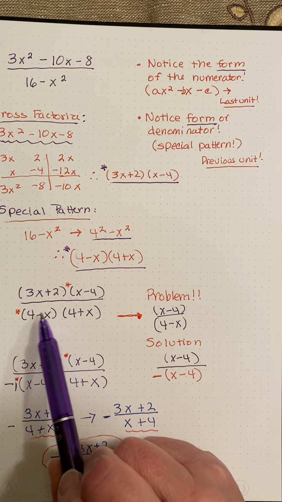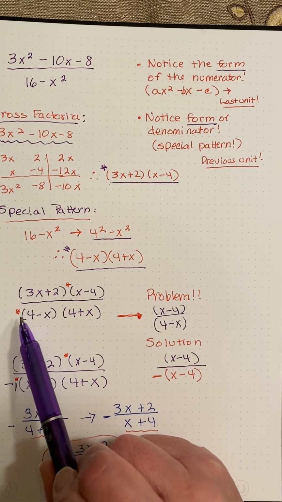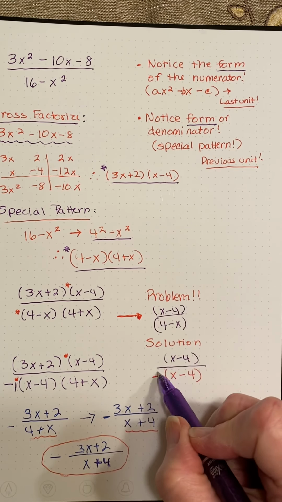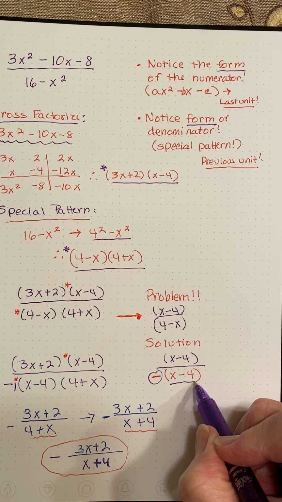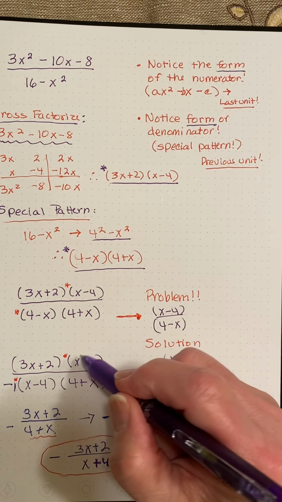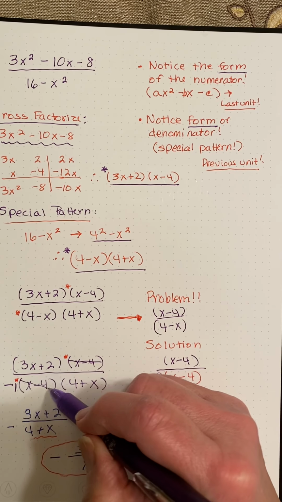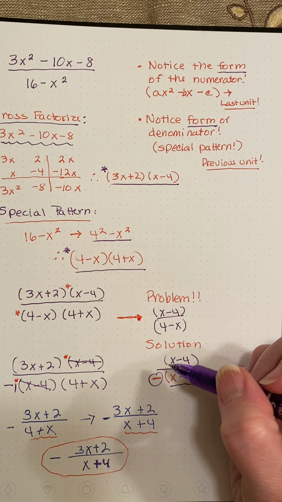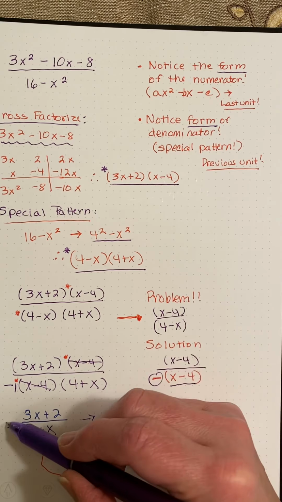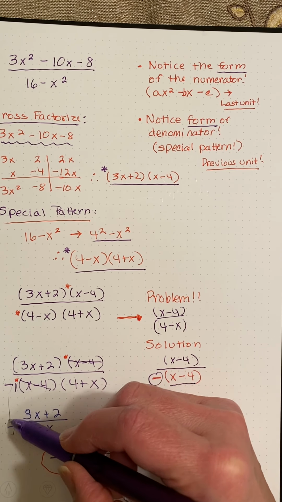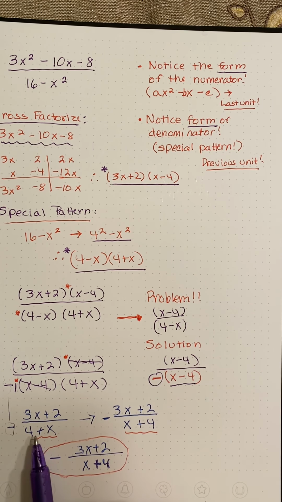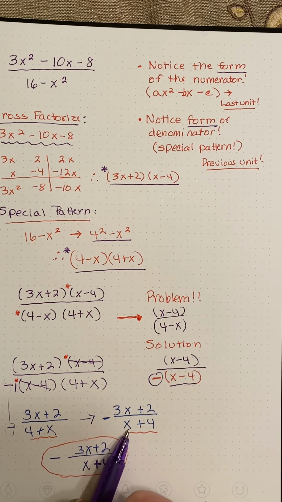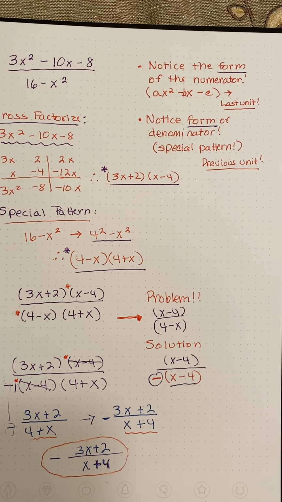In order to flip the signs, I need to make this negative to get the flip. At that point, I can get rid of these, but I'm left with that negative 1. Basically, that just makes the whole problem negative. So I just copy it down, and then I put these in the right order over here, and that's how I get my answer.